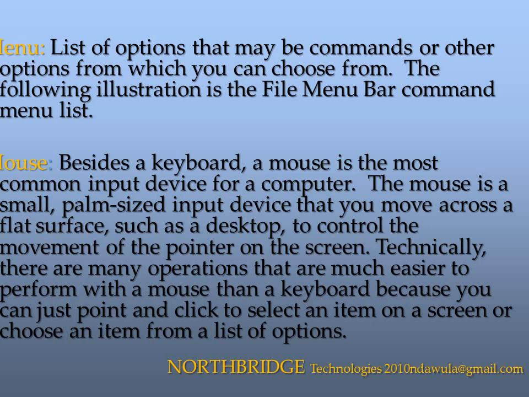Mainly they are used on desktop to control the movement of the pointer or the click. Technically, these are mainly for operating on a desktop computer, which works hand in hand with the keyboard, as you can see on our computer system right now.